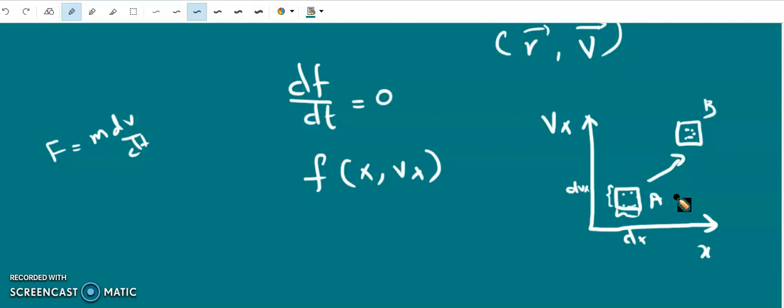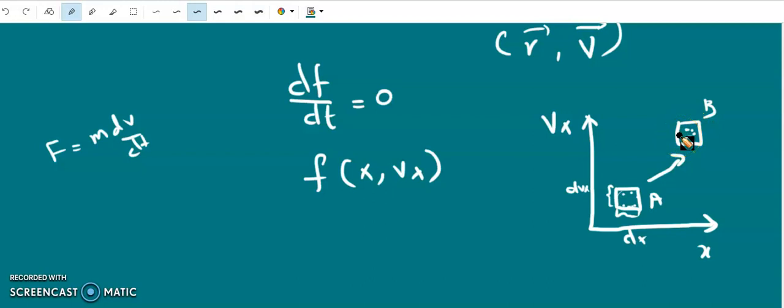Okay. And after a time t, all the particles will arrive at B in the phase space. All the particles that were at A reach another region. They do not scatter, because all the particles at A have the same velocity and the same position, and the forces acting on them depend on this x and vx. And all the particles at A will reach B.